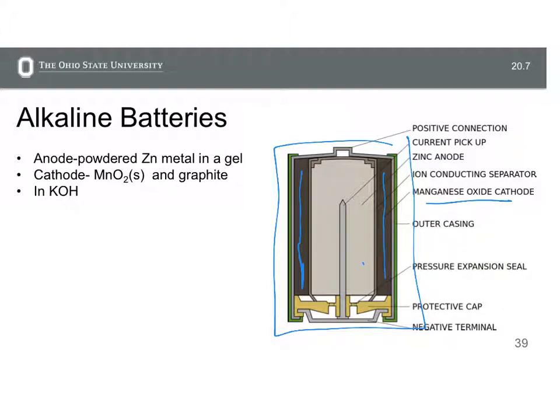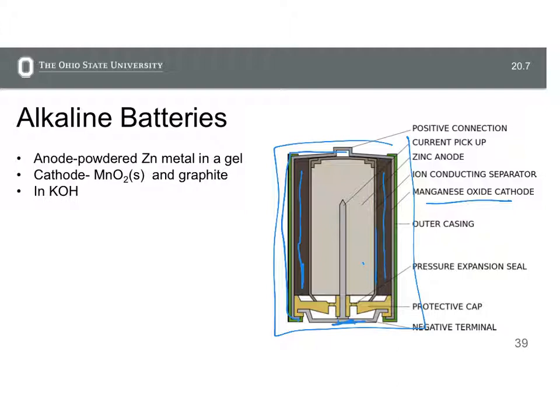There is a rod that goes through the middle of the battery that connects to the negative terminal. The positive terminal is all along the outer edge of the battery itself. And there's just a really thin film, porous paper, that's this line, that separates the anode from the cathode.